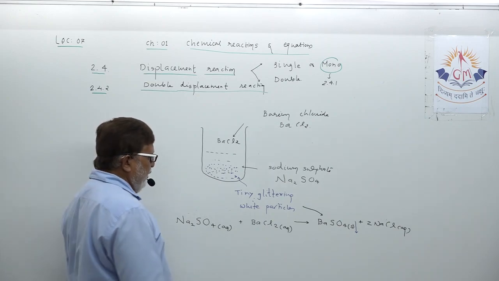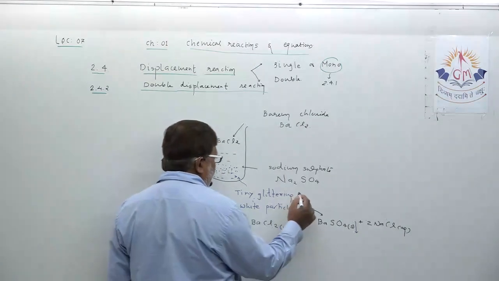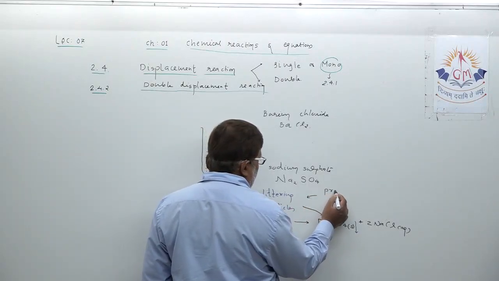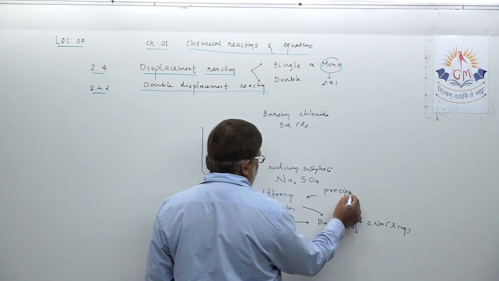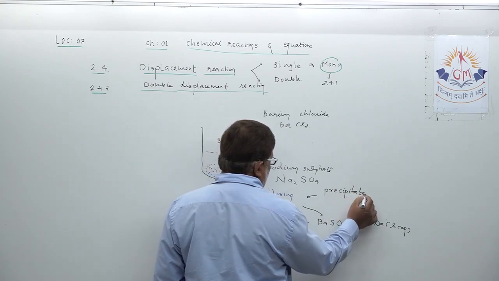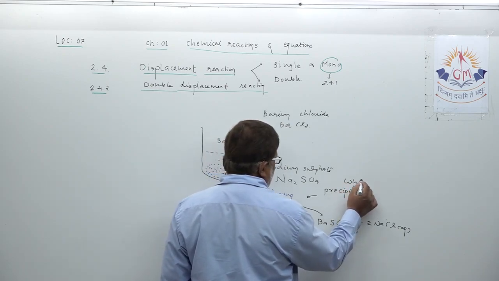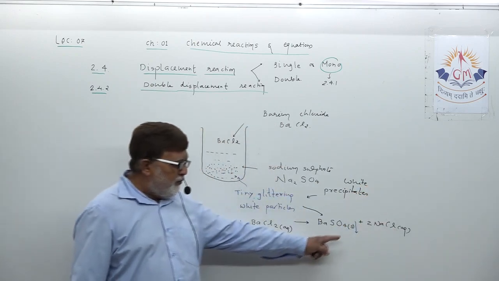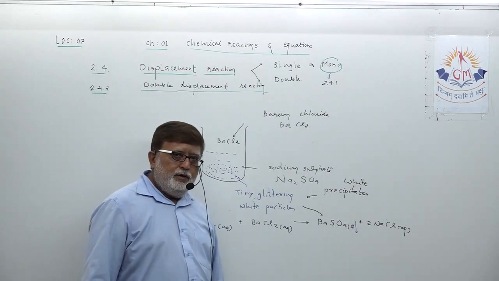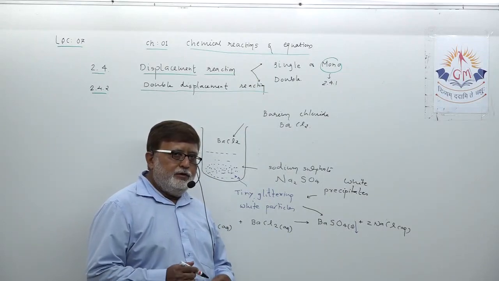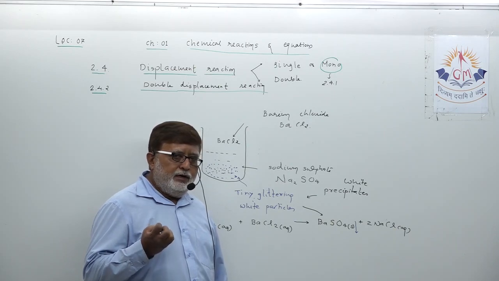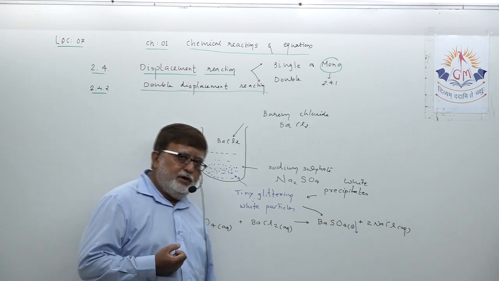Rather than saying tiny white particles, I can use the word precipitates. White precipitates of barium sulfate are formed. This is the sign. The downward going arrow suggests that barium sulfate tiny particles are precipitated.